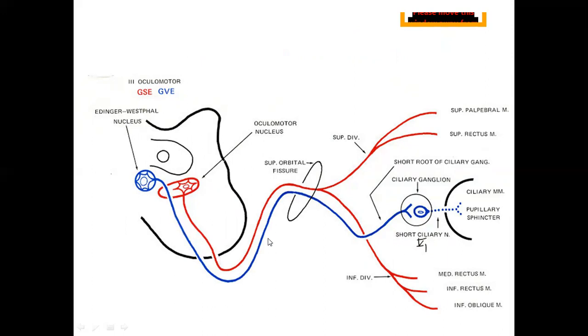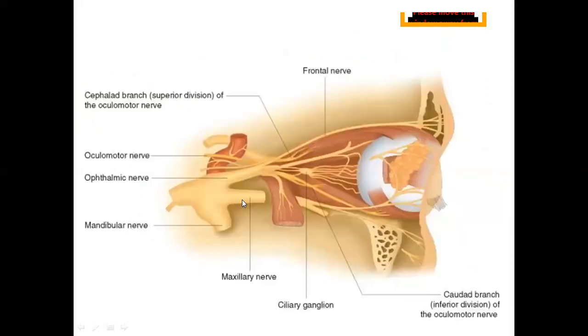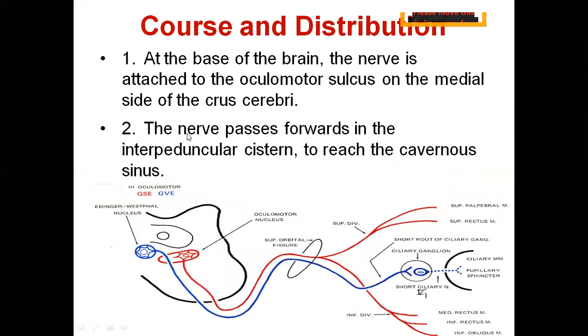From both sides, this is our oculomotor nerve. At the base of the brain, the nerve is attached to the oculomotor sulcus on the medial side of the crus cerebri of the midbrain. The nerve passes forwards in the interpeduncular space to reach the cavernous sinus.